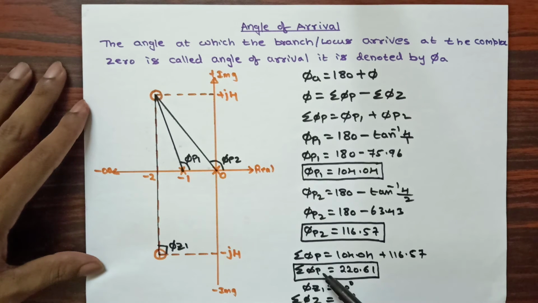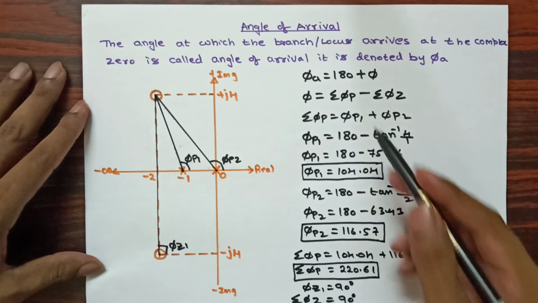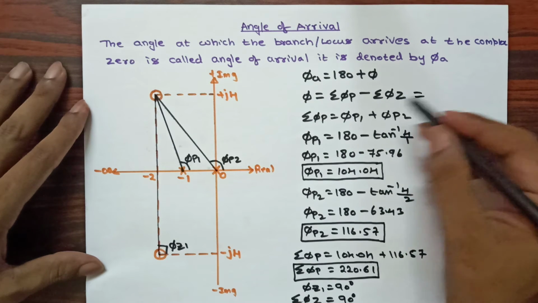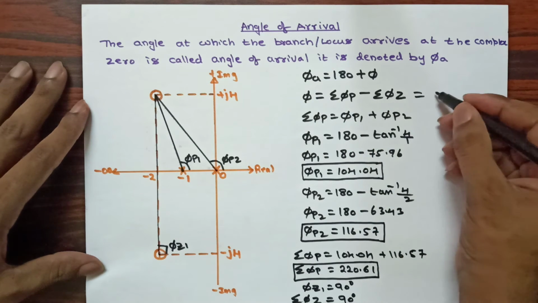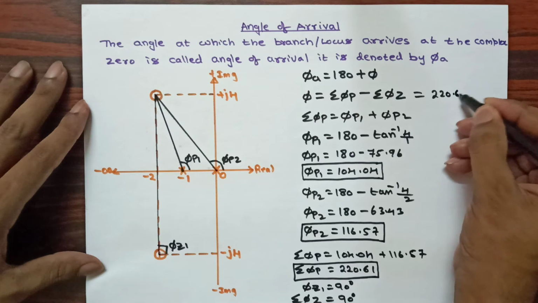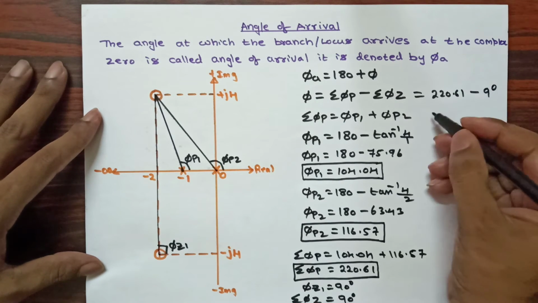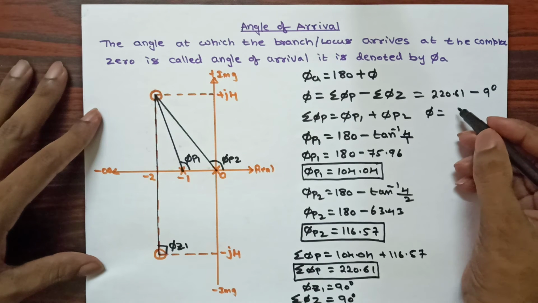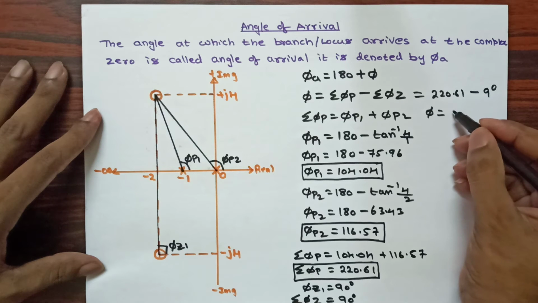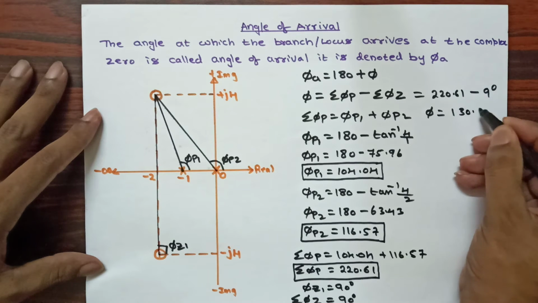Now by substituting this summation of phi p and summation of phi z in this formula, I will get phi is equivalent to 220.61 minus 90 degree. I am getting here 130.61.